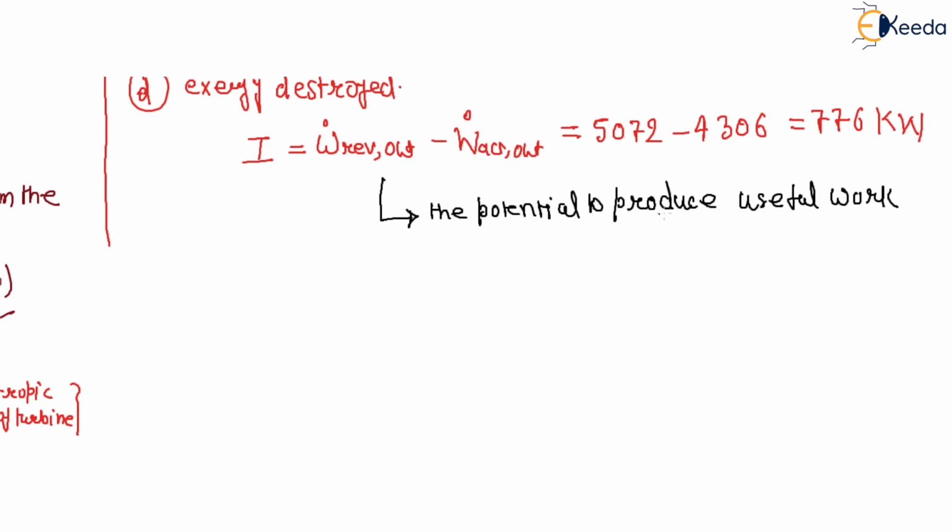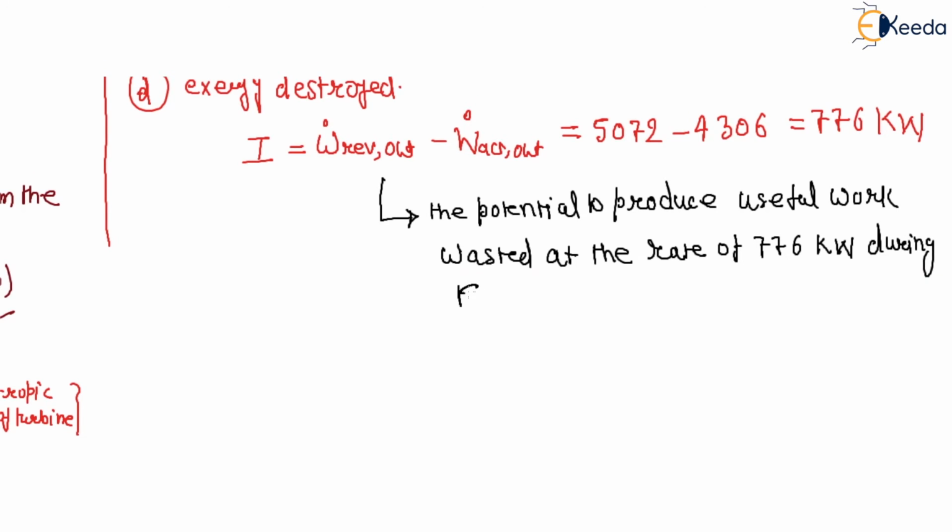The potential to produce useful work, that means actual work, useful work, is wasted at the rate of 776 kilowatt during this process. So during this process, this much work potential is wasted.